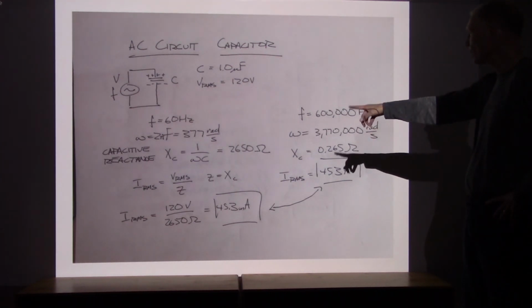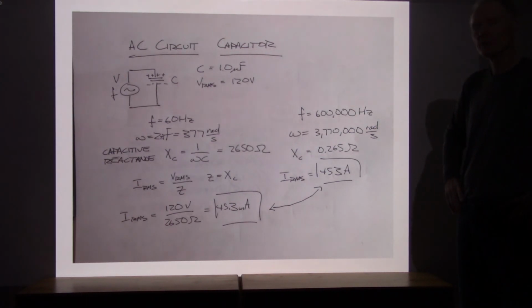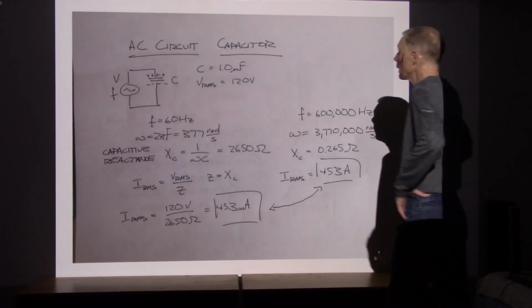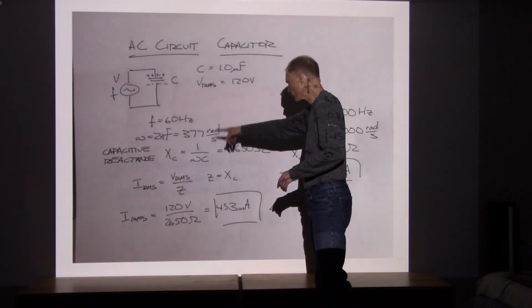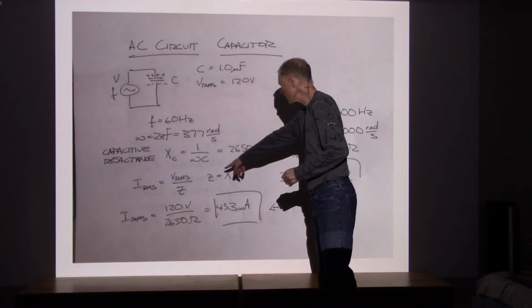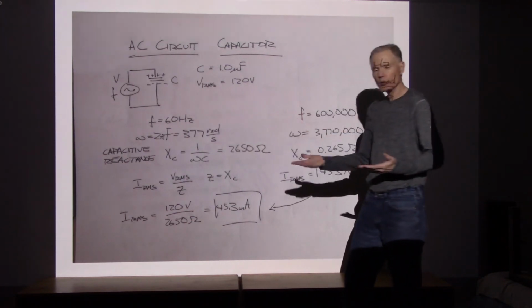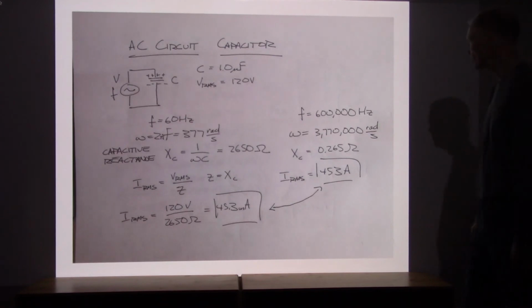If that's an RMS value, which it is, for the voltage, then the current also will be the RMS value. So that's it. The only device I had was a capacitor. That capacitor is going to have a resistive effect. We call it reactance. And the overall impedance is exclusively due to just the capacitor itself.